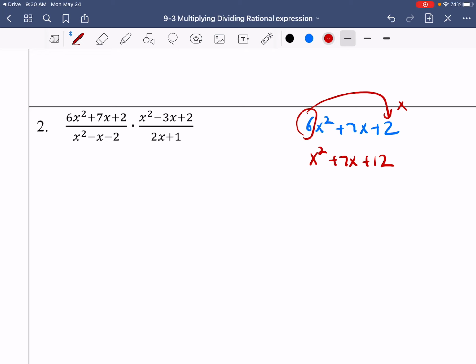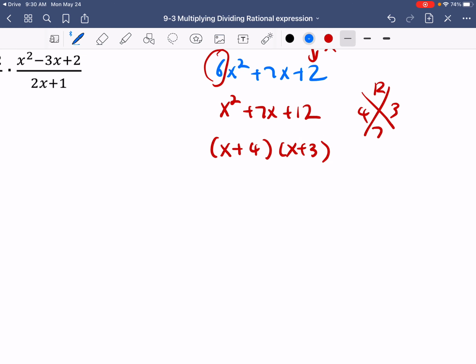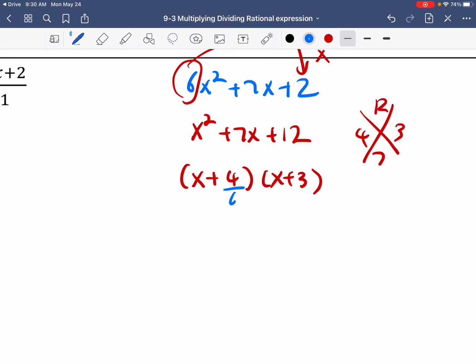And now we can factor it. x plus 4, x plus 3, right? Because 12 and 7, 4 and 3. Now we're not done. Now we have to divide by what we slipped over, which is 6, and then simplify. Like that.